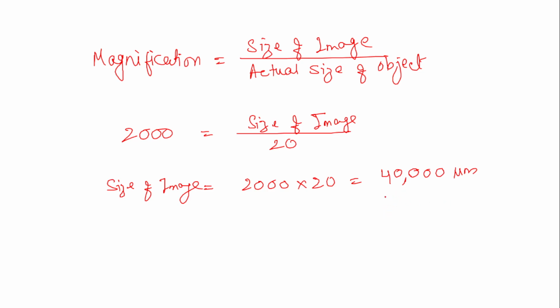So both of the answers will be correct. So 40 millimeters in the scale bar will actually show a 20 micrometer size. Fine. So I hope it is clear now how we can relate things here. So this is question number 3, part A.